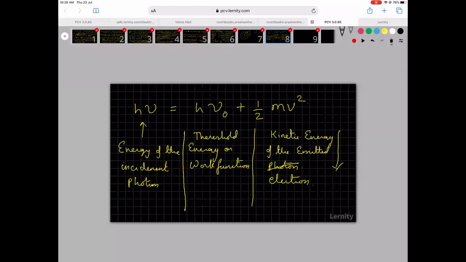Okay, so this is as per the law of conservation of energy. The law of conservation of energy says that energy cannot get destroyed.